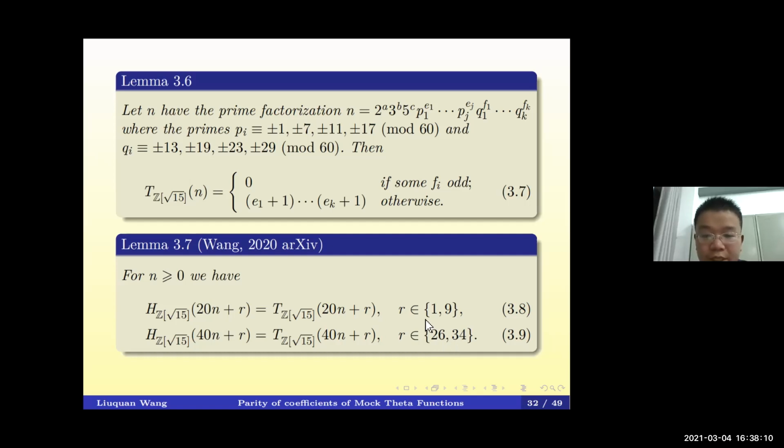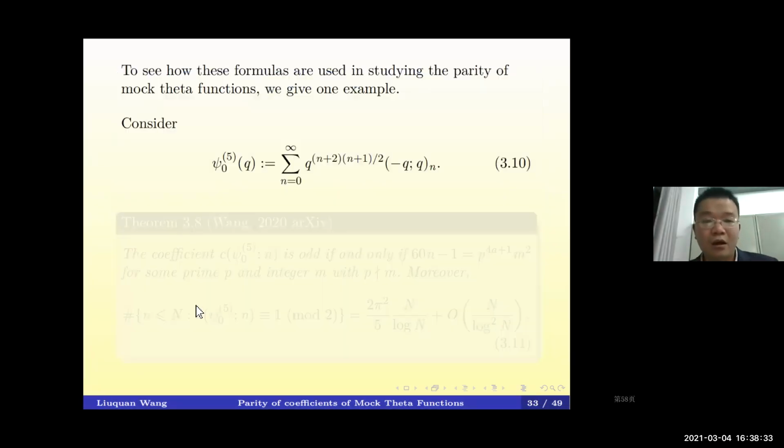In these four special cases, the value of H is the same as the value of T. As we have seen, for T we have the explicit formula 3.7. So in these four cases, we also have the same formula for H. And these are all we need for studying the parity of modular functions.